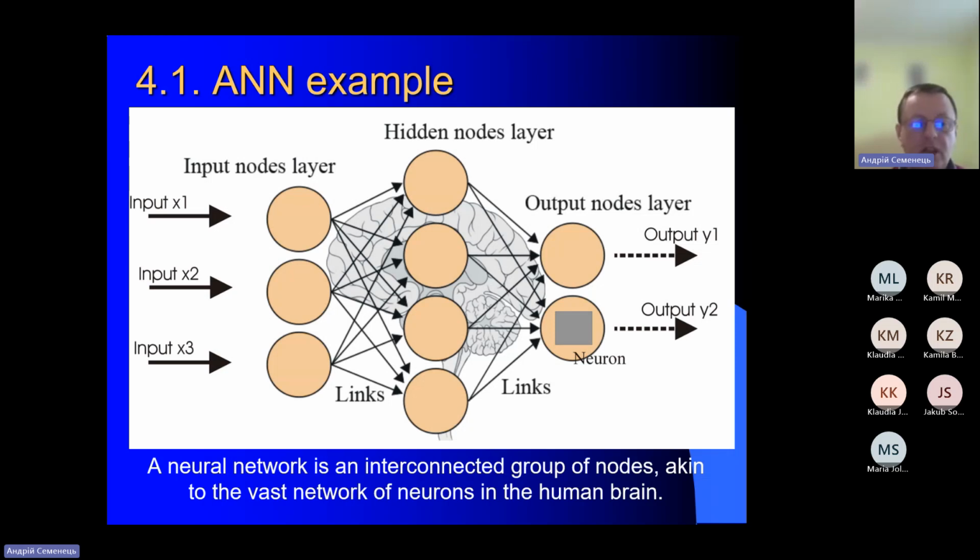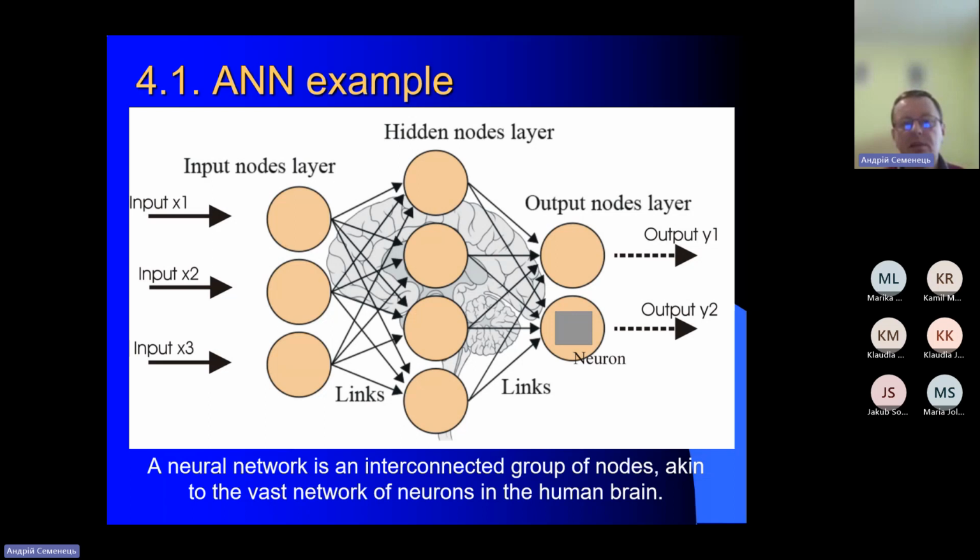So here is how it can be identified: we have an input node layer, where we have to provide a number of inputs, and we are going to obtain some output, some solution. What is important is that this part has to be defined, but we don't know the exact number of hidden nodes and their connections.